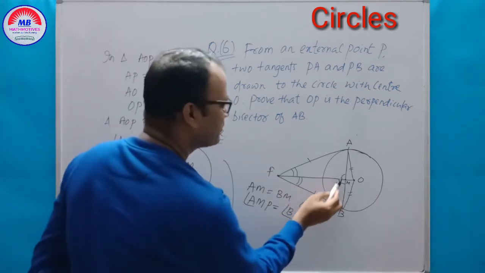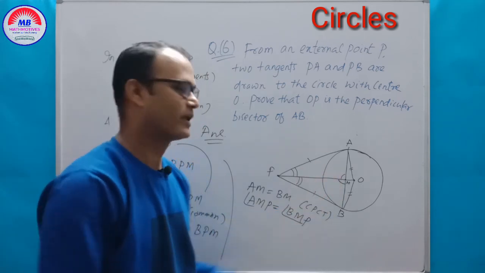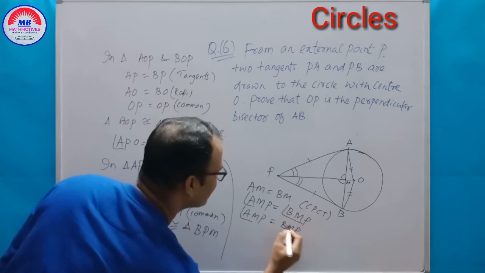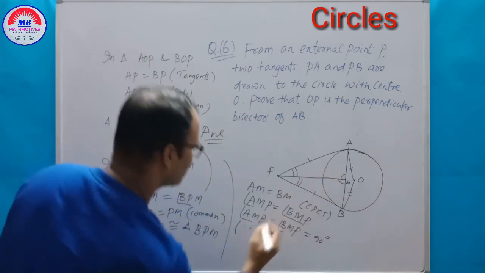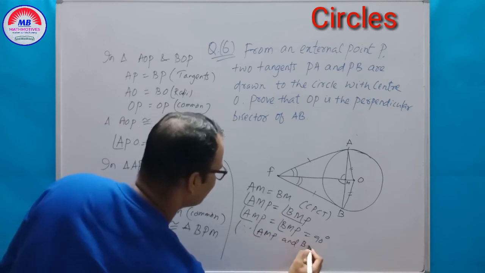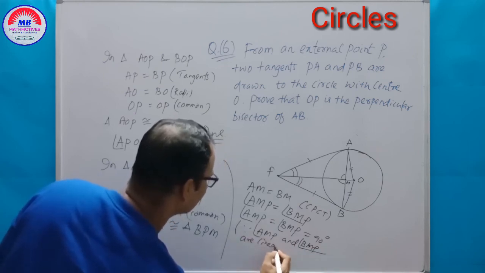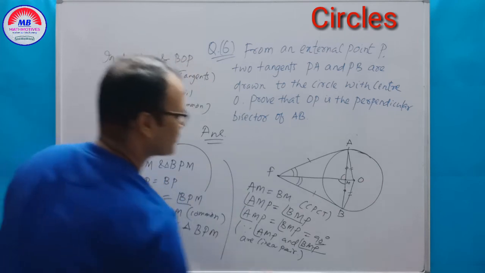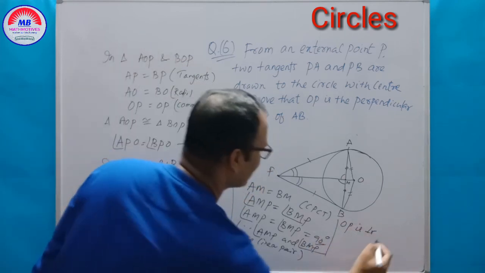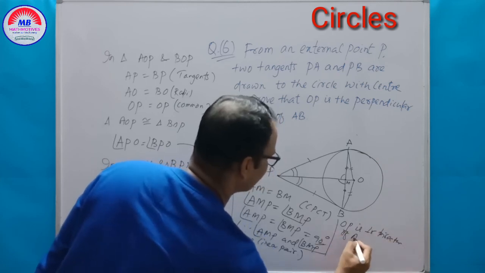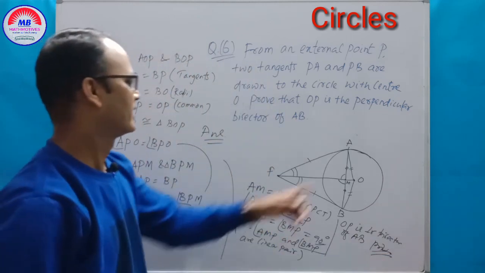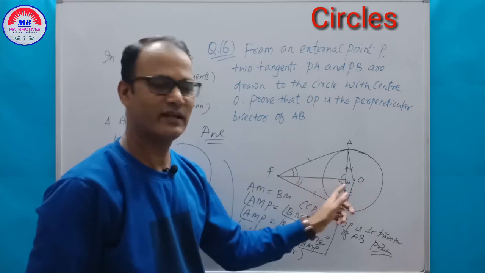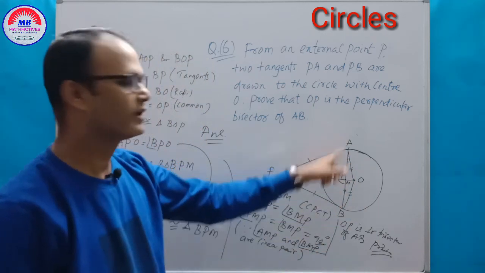But you see, AMP and BMP are a linear pair on a line, so AMP is equal to BMP is equal to 90 degrees. So with 90 degrees and AM equal to BM, PM is perpendicular to AB, and PM and PO are the same line, so OP is the perpendicular bisector of AB. Proved. Okay, write it down.